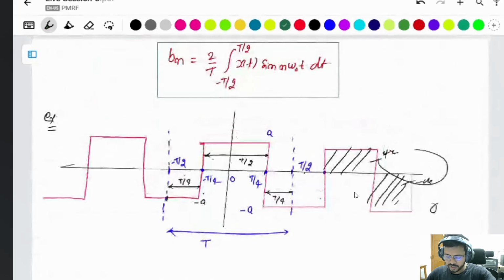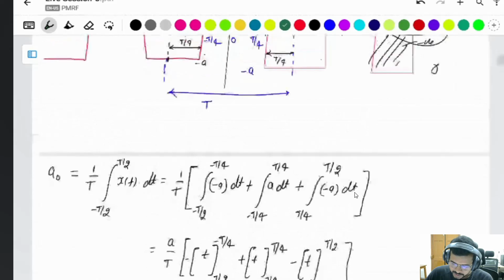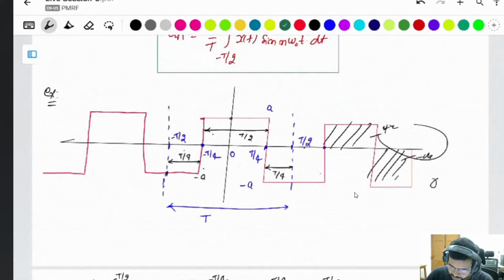For a simple square signal started from 1, it means a positive value. In this case, the a naught will be 0, bn is equal to 0, only an is present. Bn is equal to 0 because the signal is an even signal.